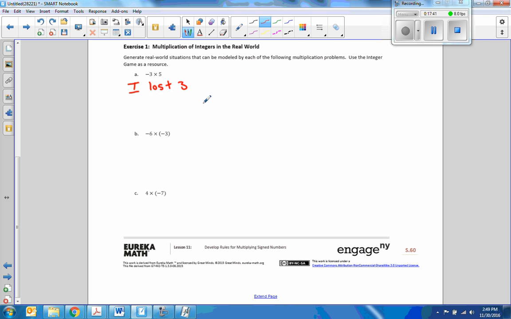I lost 3 $5 bills. Now I have -$15, or $15 less than what I had before. Okay, there's example 1.